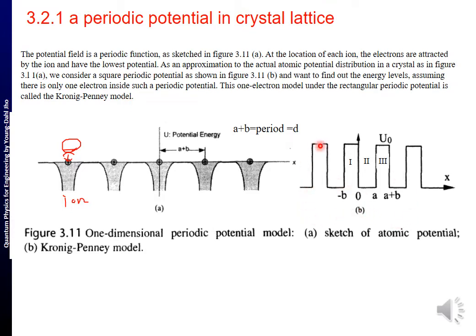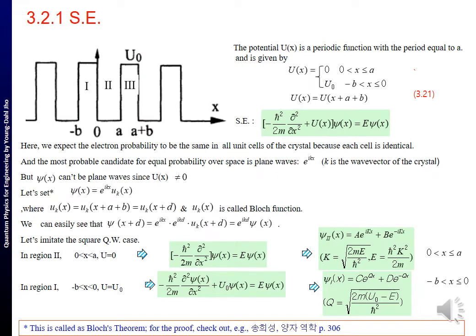So the potential is periodic. And previously we solved the finite potential problem with regions 1, 2, and 3. Now it is repeated. So now we need to consider that repeated potential concept. Otherwise, things are similar to what we have discussed before. Now we consider the Schrödinger equation.